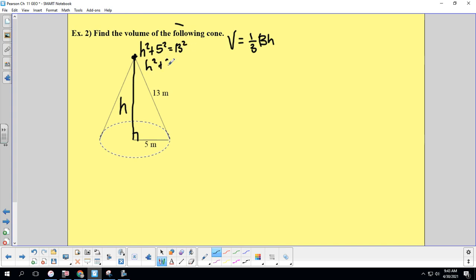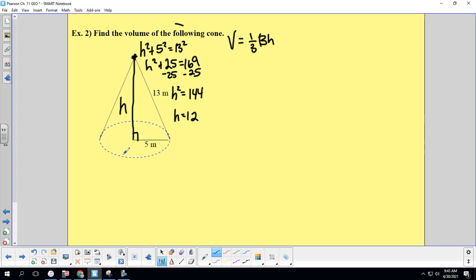That is H squared plus 25 equals 169, minus 25 from both sides. H squared is equal to 144, and the square root of 144 is 12.